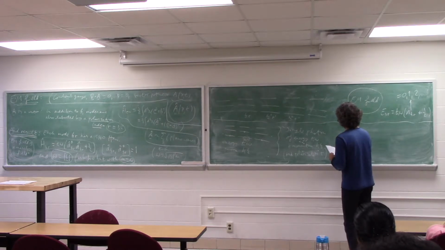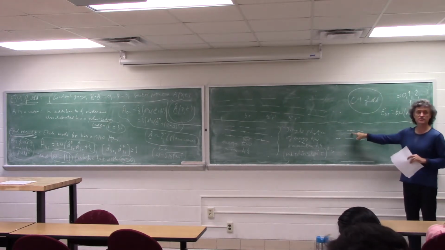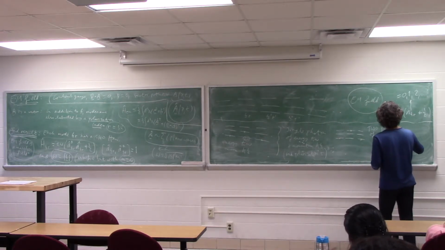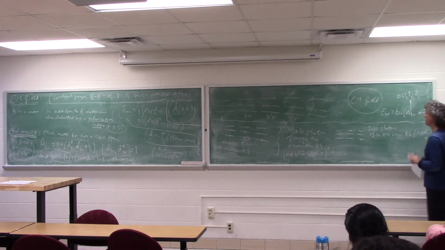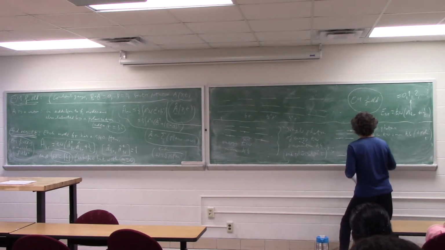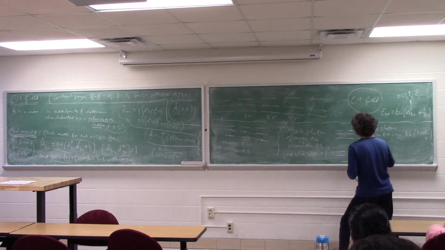If the mode was in the second excited state, what do I have? I have two photons of energy h bar omega and momentum h bar k and polarization R. Again, it's all just the same as in the Klein-Gordon case. What if I have two different modes excited?